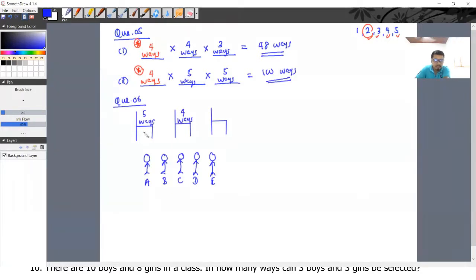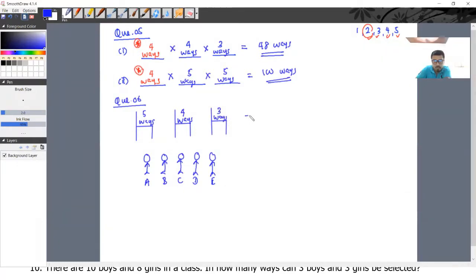Assume A has seated here and D has seated here. 2 people have seated in these 2 chairs. How many possible ways are there for this last chair in the row to be occupied then? 3. Yes, there are 3 ways.